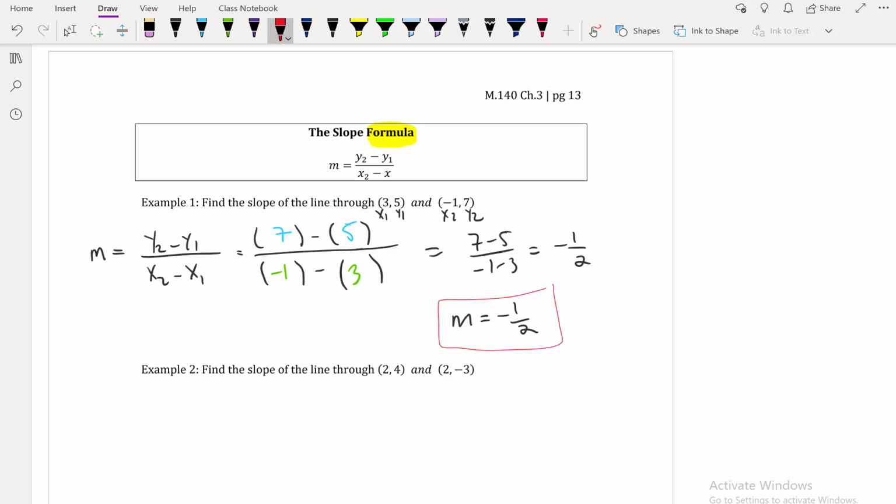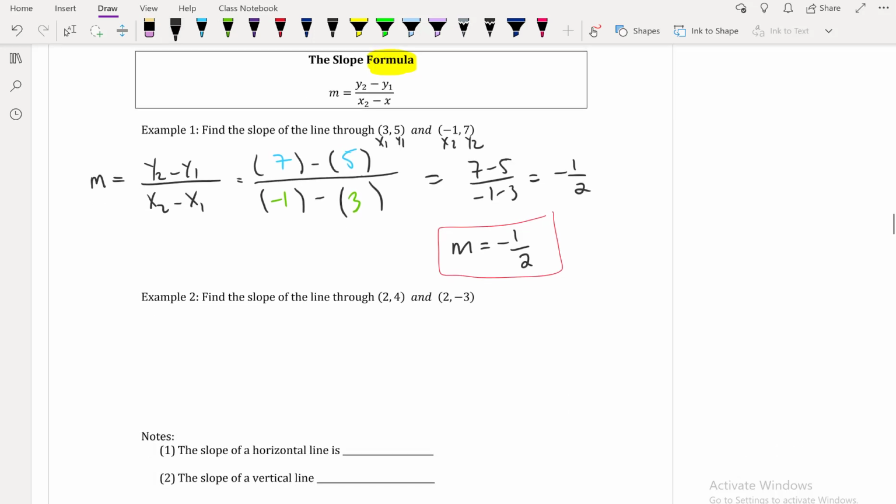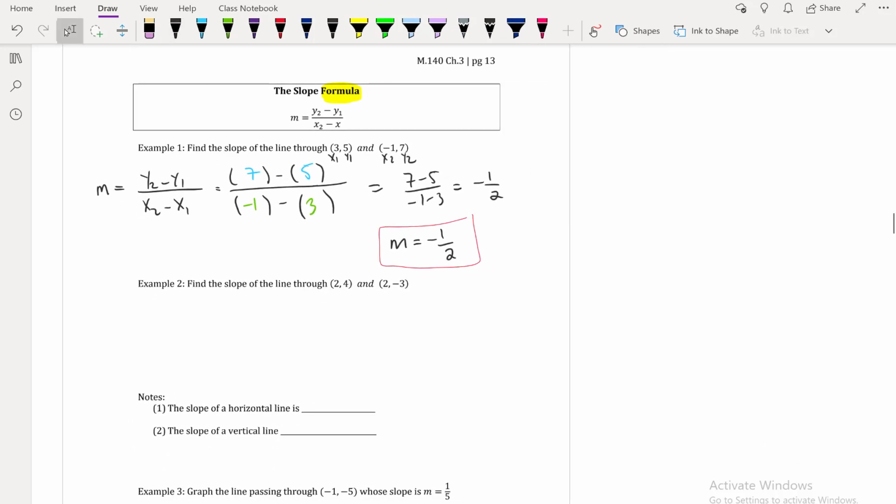One variable equals one number. I'm just going to make sure I write that 1/2 a bit more legible. Good, so that's a 2 underneath that 1. So m is equal to -1/2. Now I'm going to do the exact same thing. The only difference here is that I have different values.